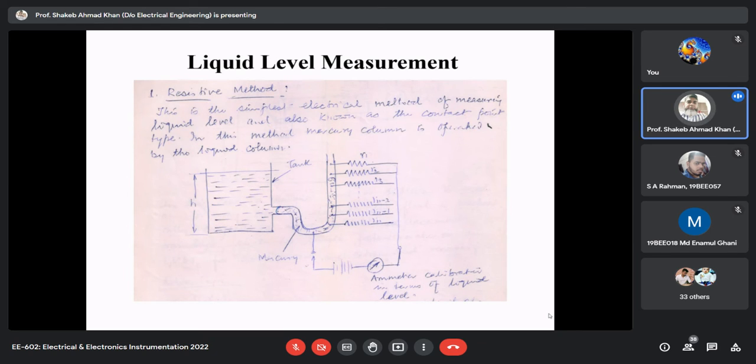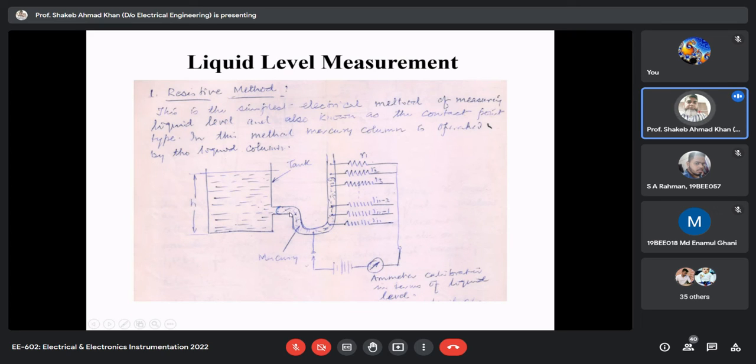Here you can see that we are interested in finding out the liquid level of the tank, and then there is an extension of this tank. A tube is connected to it, which is filled with mercury, and then we have discrete resistance values here.